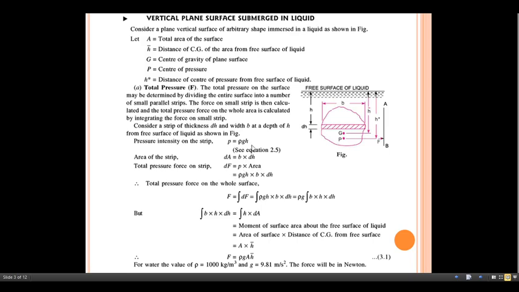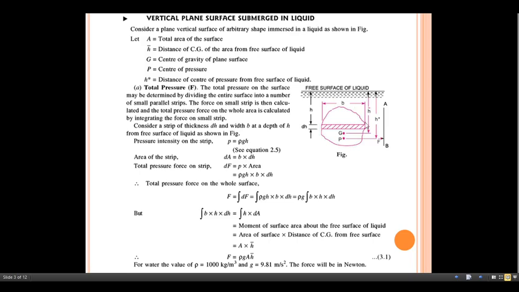We already know the intensity of the pressure on the strip is rho g h, multiplied by the area b multiplied by dh. So the total pressure force on the whole surface is F equals the integration of this, because we have considered the small strip.